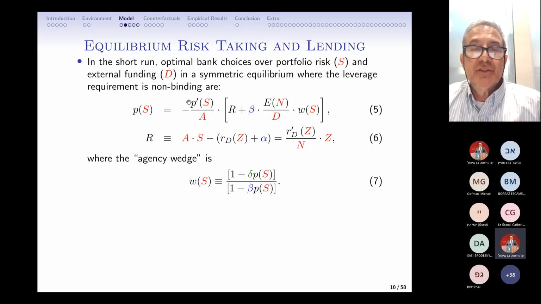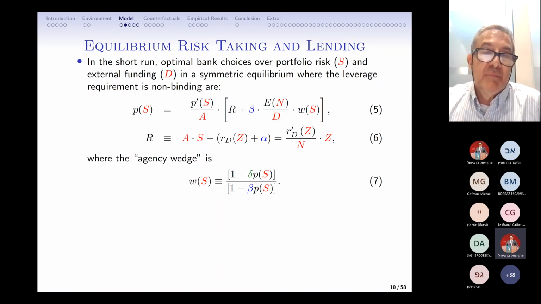So that first order condition with respect to S, after some rearranging, says that the probability of success of the bank's loan portfolio, which is on the left-hand side, is going to be positively related, because remember, P prime is negative, to the interest margin, which is a measure of profitability of the bank.